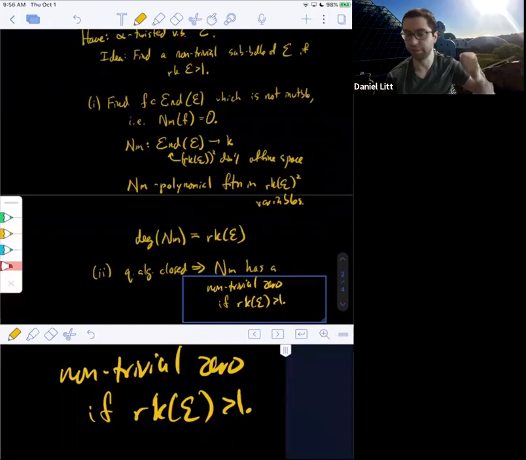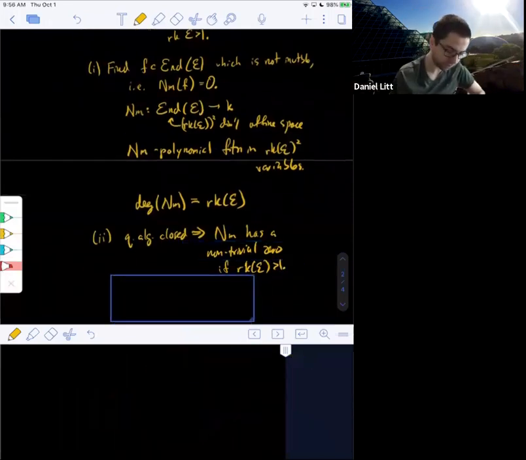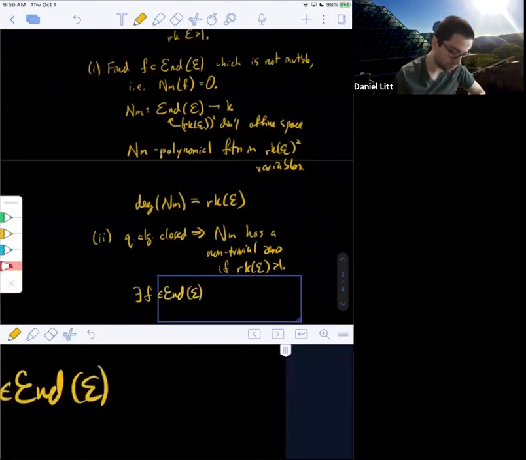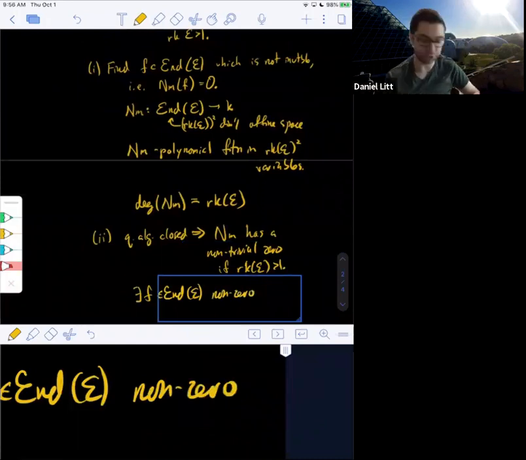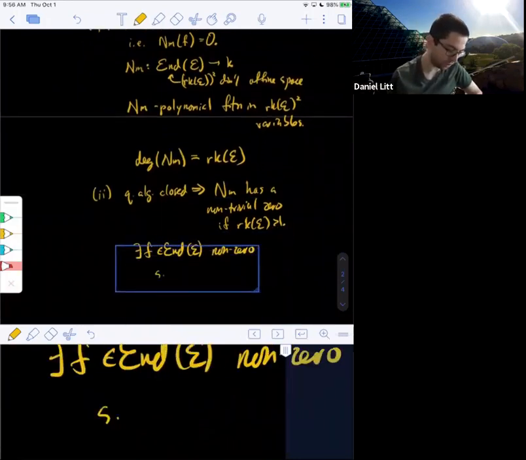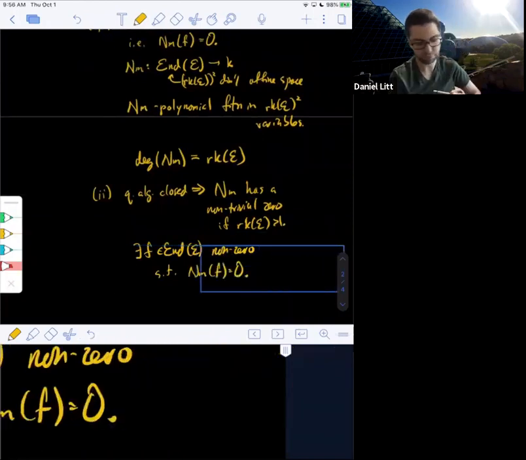So rank E needs to be less than rank E squared. So in other words, there exists F in ND which is non-zero. So quasi-algebraic closedness gives us a non-trivial 0, such that norm of F equals 0. Are you guys with me so far?